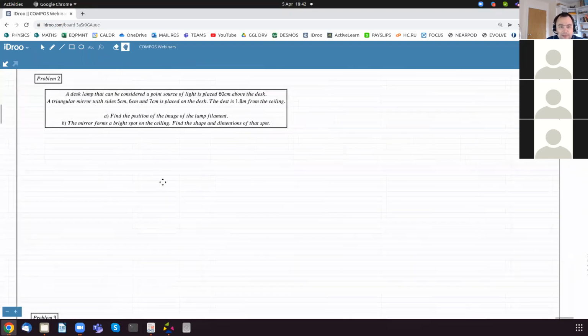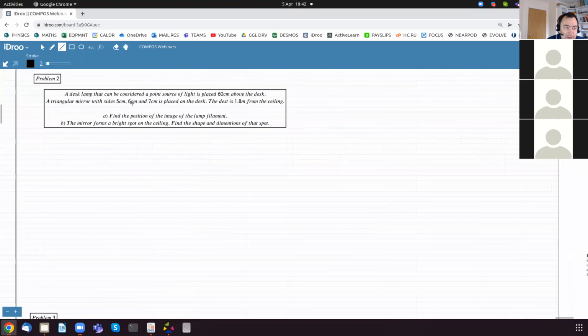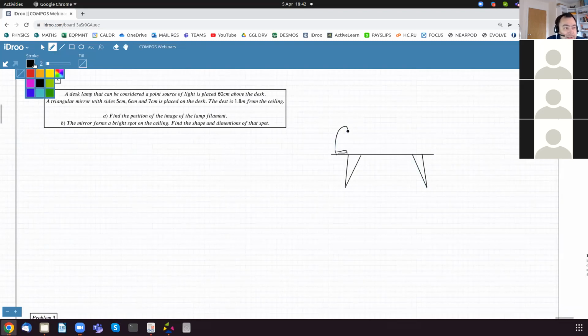So quite a difficult description, so we'll help ourselves by drawing the desk. So this is a desk, and there's a lamp. Okay, so it's a desk lamp. So let's say the lamp is like this, and the lamp can be considered as a point source of light.